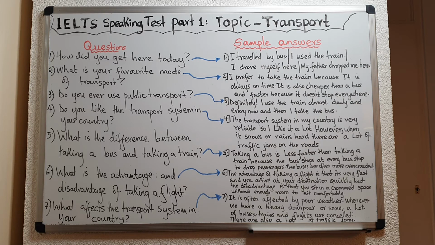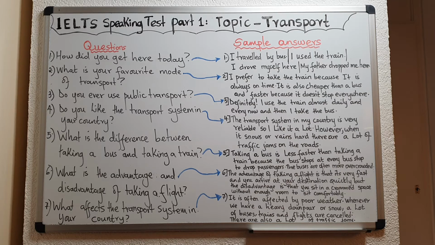So number 2, what is your favorite mode of transport? I prefer to take the train because it is always on time. It is also cheaper than a bus and faster because it doesn't stop everywhere. Okay, so you can see there I have given a few reasons.